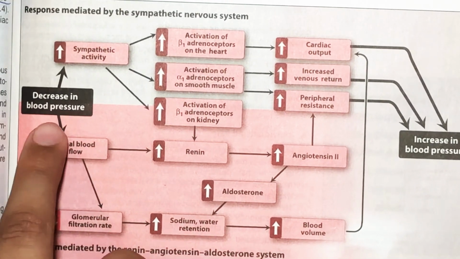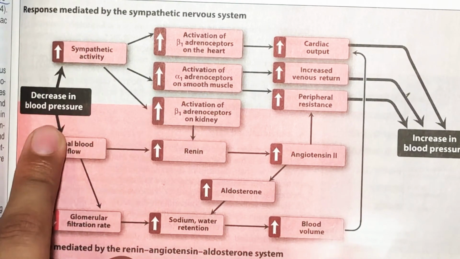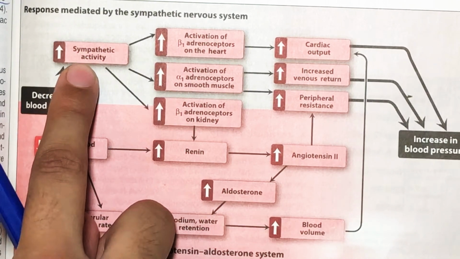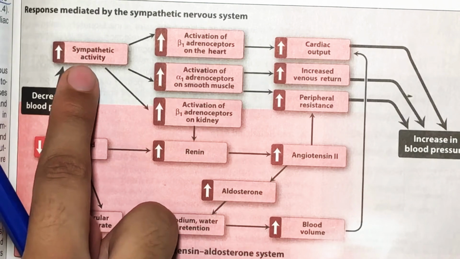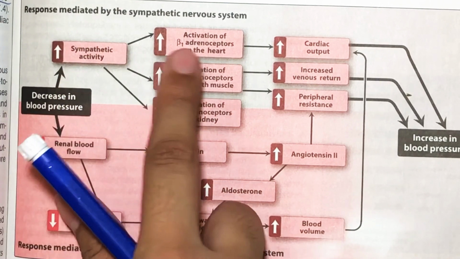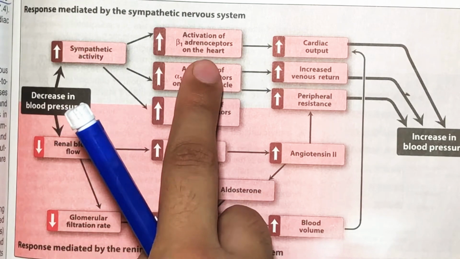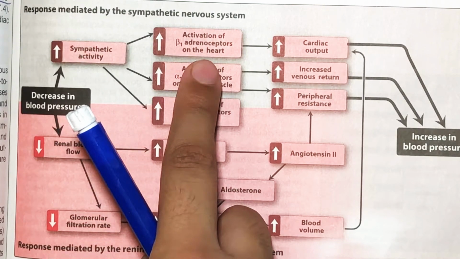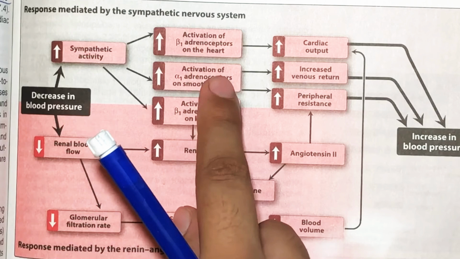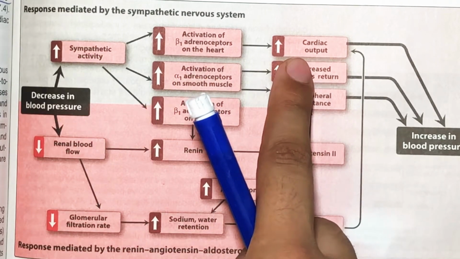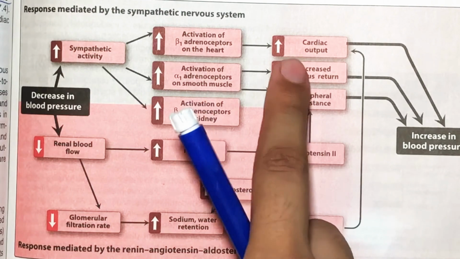So when there is decrease in blood pressure, there is increase in the sympathetic activity. The sympathetic nervous system is activated, which causes the activation of beta 1 adrenoceptors which are present on the heart, that is aortic arch. So this ultimately causes the increase in cardiac output.